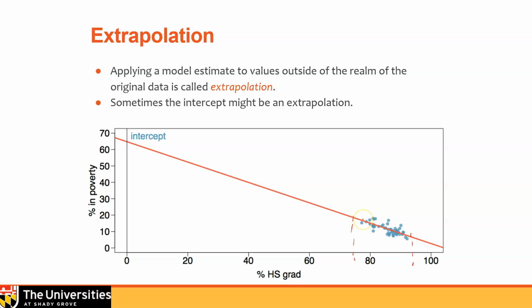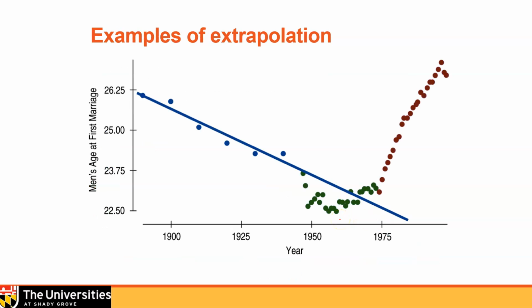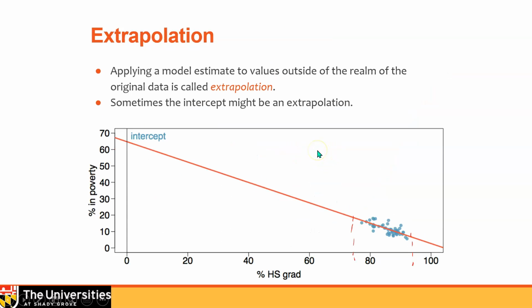Sometimes if we extrapolate beyond the original data, which is what that blue line does, we miss actual trends in the data. So you want to be careful about not extrapolating too far beyond your original data set, because you don't know if the shape will take off and go in a different direction.